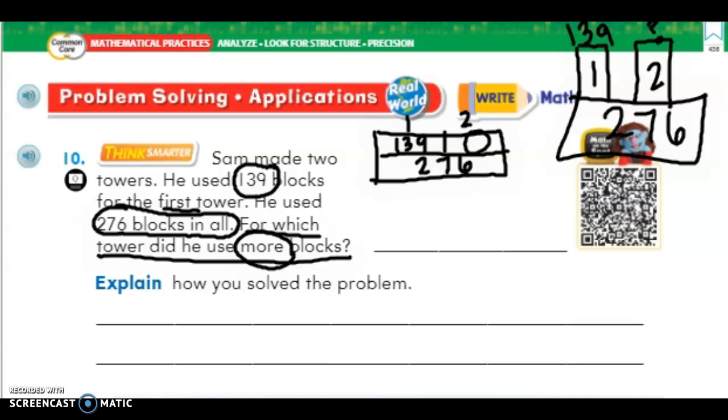We need to subtract our two numbers to find out how many blocks were used in the second tower. So when I subtract, it's super important when I'm doing word problems and setting my problem up for myself, the bigger number has to be on top. So 139, 276, I can see in my bar model, my bigger number is 276. It has a 2 in the hundreds place. 276 minus 139.